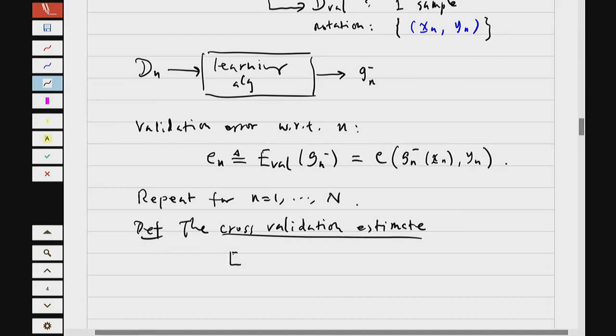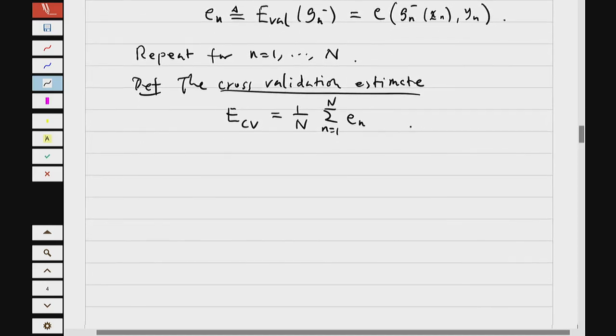We call it ECV, the average of these en's. So this will be our validation error. Every time you use just one point, but you do this many times and you get a nice average out of it.